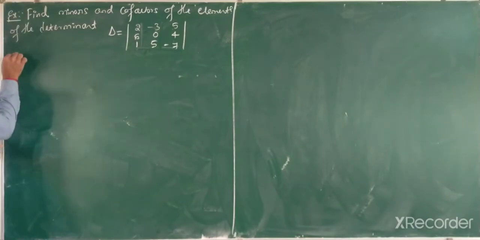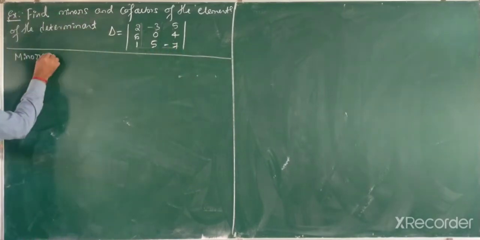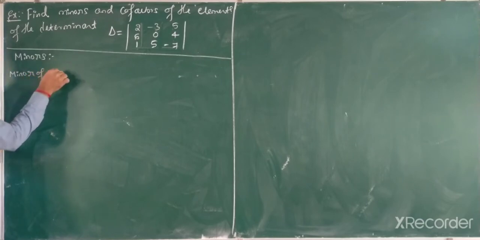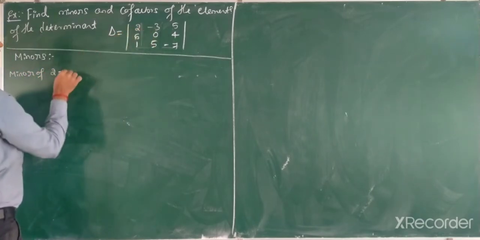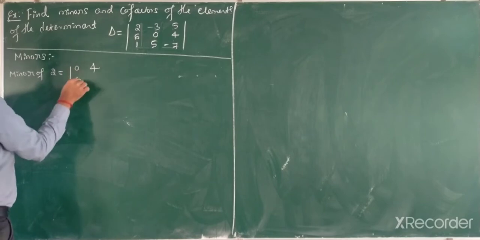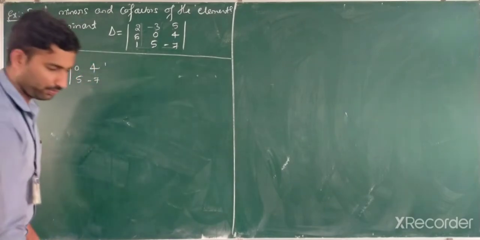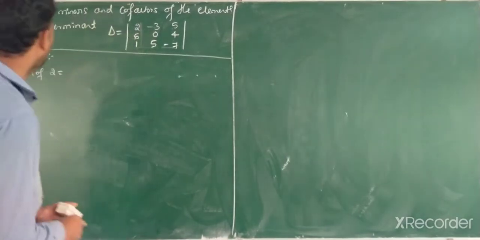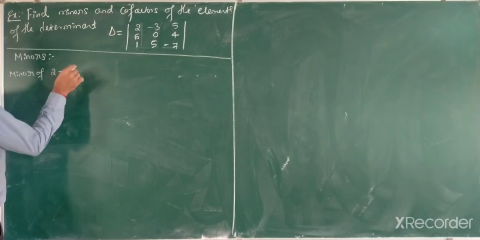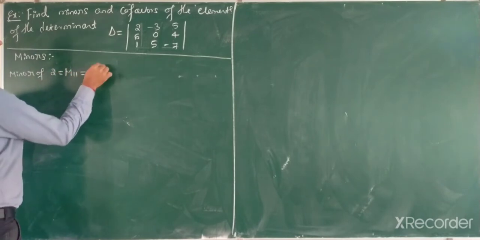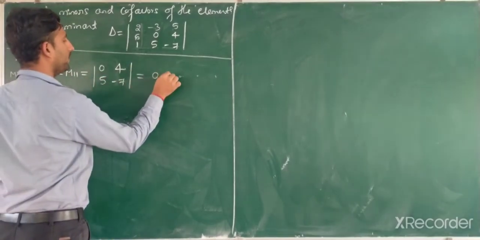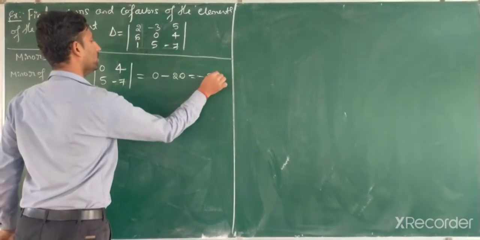Now minor of 2, which is equal to M11, nothing but the determinant 0 4, 5 minus 7, which is equal to 0 minus 20, which is equal to minus 20.